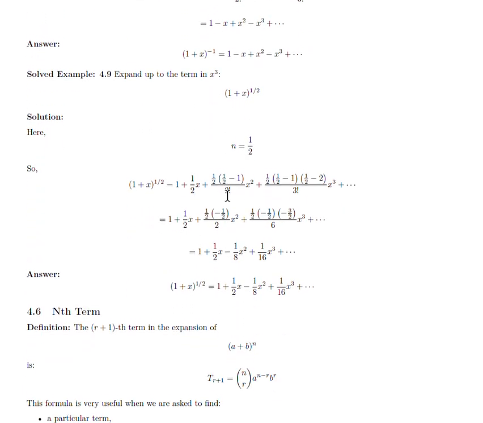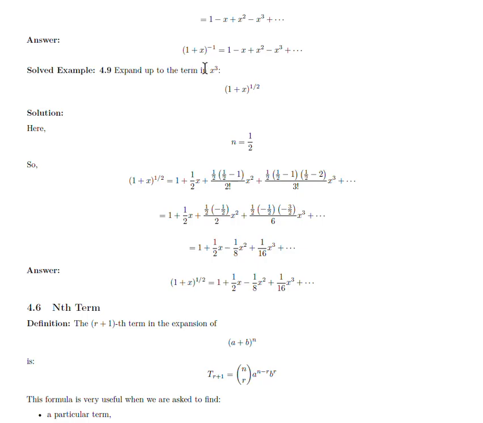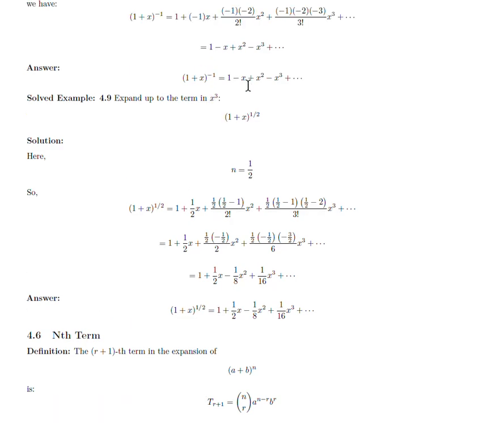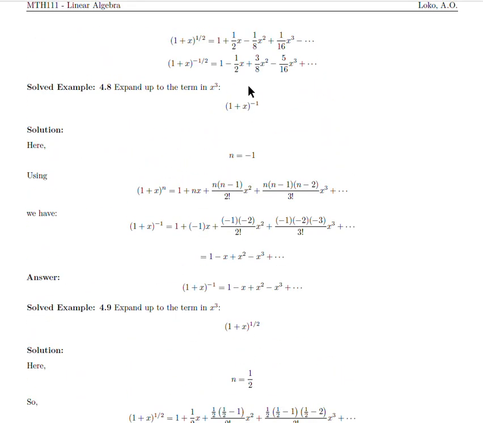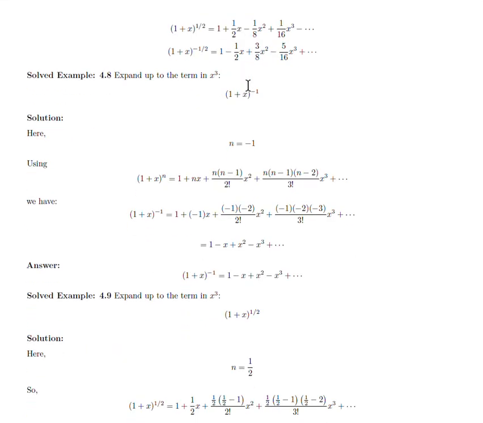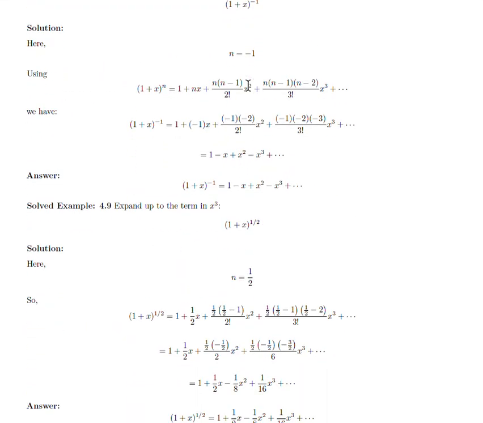Next example, up to the term in x cubed. The expansion can keep going infinitely. That's why they are specifying where the expansion should stop in examples relating to negative and rational indices, right?